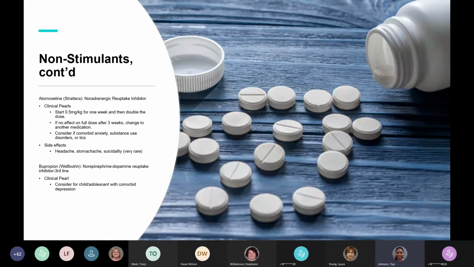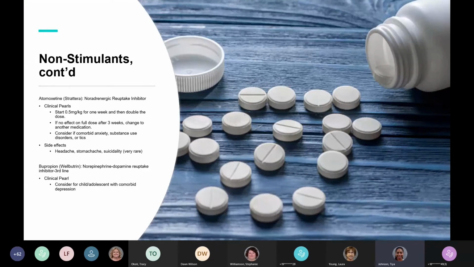This one should be considered in those patients that have comorbid anxiety, substance use disorders, and/or tics, especially if the stimulants have worsened their anxiety or worsened their tics. Then you want to consider Strattera for those cases. Another thing with Strattera is that I find it more so helps with the inattentive symptoms versus the hyperactivity and impulsivity symptoms.